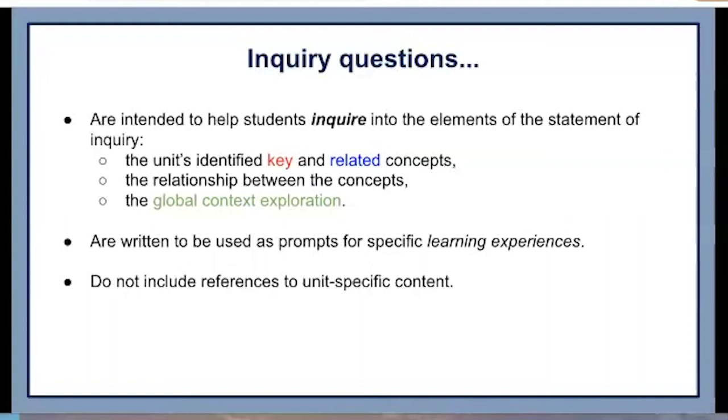So it should not include references to specific unit content. But content questions are important and highly encouraged. You just put them in the learning experiences section in terms of how they are used to prompt specific learning experiences.